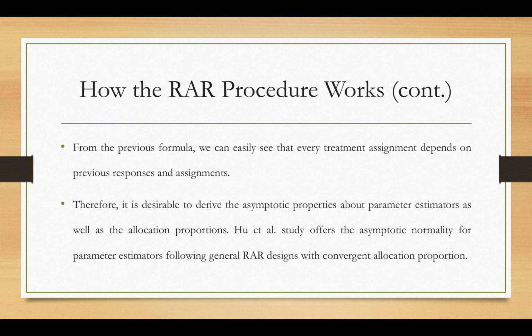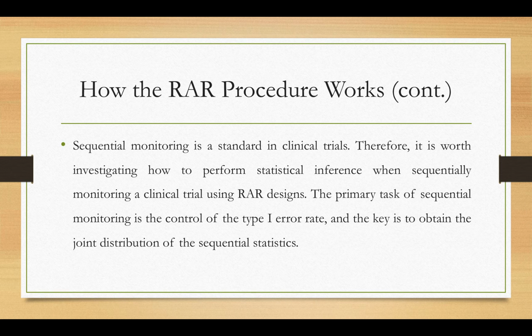Hu and his colleagues studied and offered the asymptotic normality for the parameter estimators following general response adaptive randomization designs with convergent allocation proportions. So to continue this, sequential monitoring is a standard in clinical trials.